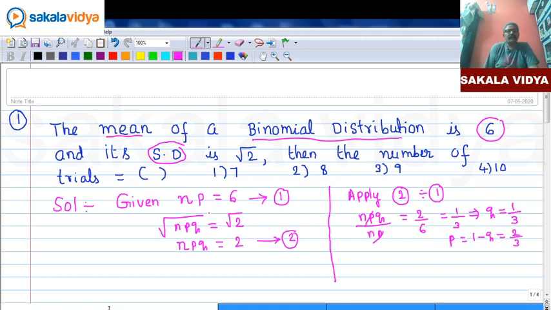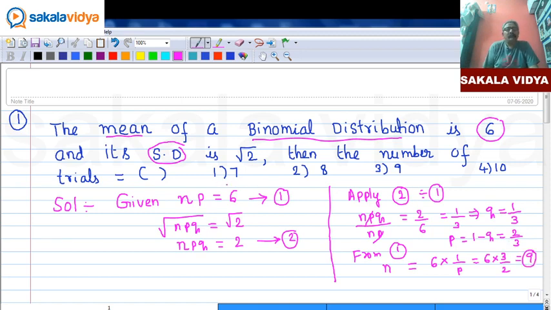So, what we need to find out from 1? From 1, we need to find out n value. n is equal to 6 into 1 by p or 6 by p. 1 by p means reciprocal of 2 by 3. 6 into 3 by 2, so that will be 9.